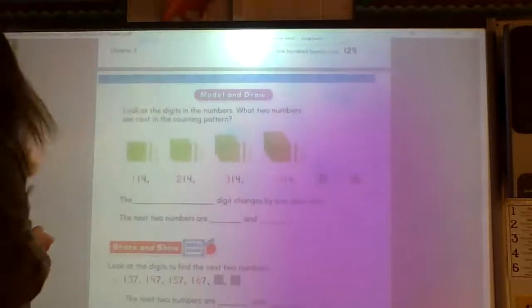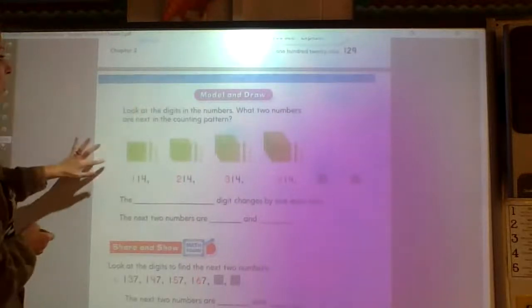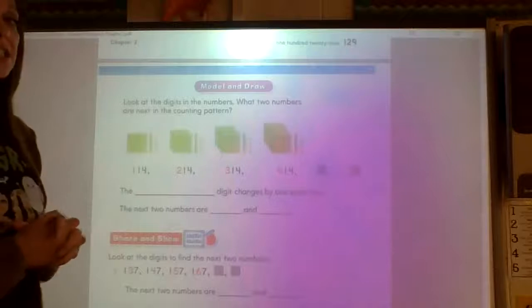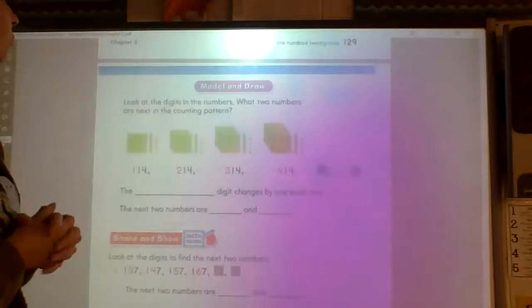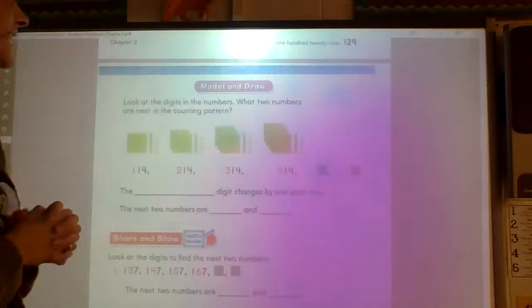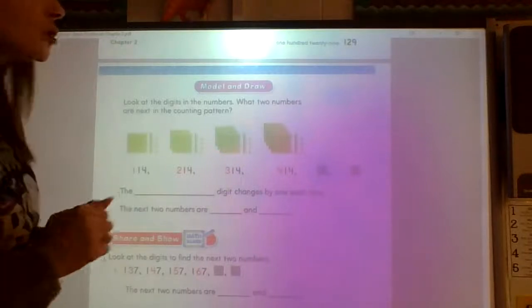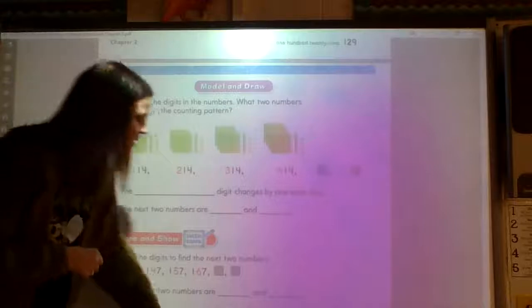Let's carry this forward and look at our model and draw. In our model and draw, it says, look at the digits in the numbers. What 2 numbers are next in the counting pattern? So let's look at what they showed us.